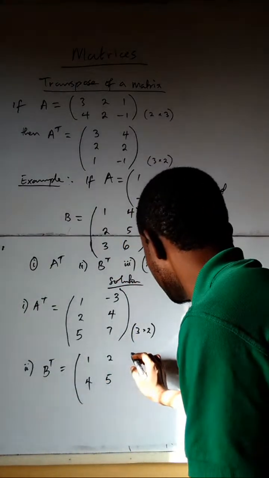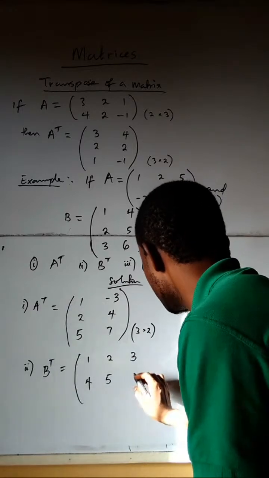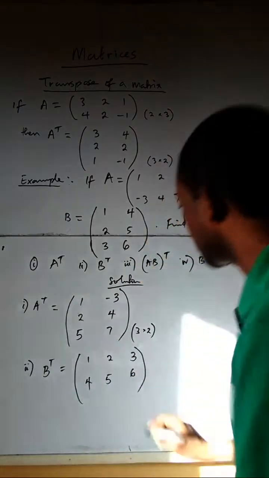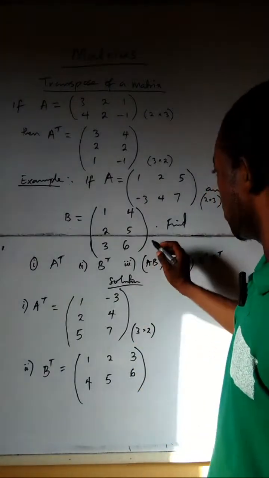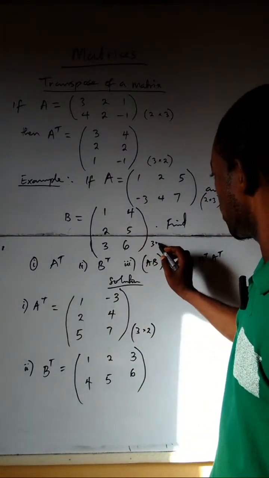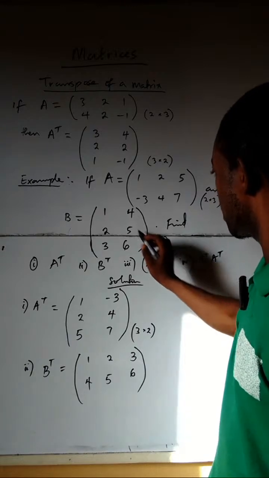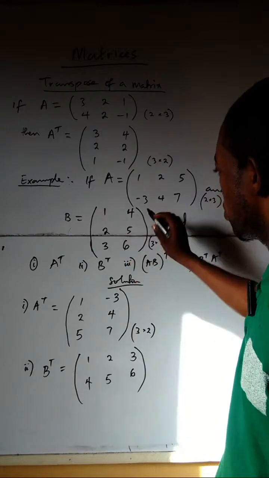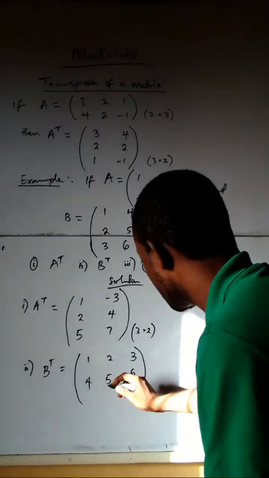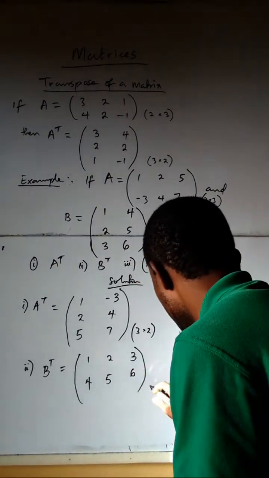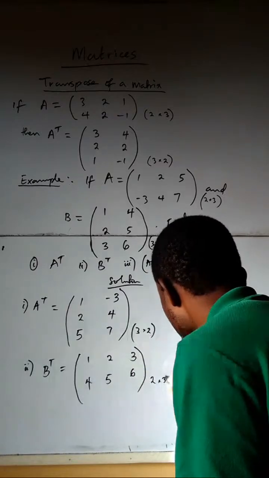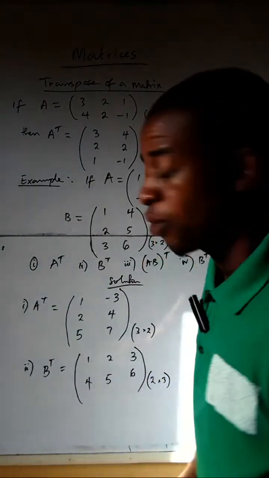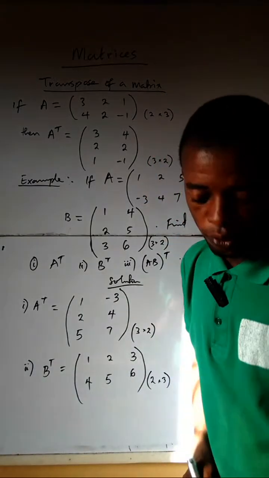Then the next one down to the next column, which is 3, 6. So B transpose gives us a 2 by 3 matrix. And already we have B to be a 3 by 2 matrix. That is 3 rows and 2 columns. Then B transpose is now 2 rows and 3 columns. That means a 2 by 3 matrix here. So that is the transpose of a matrix.